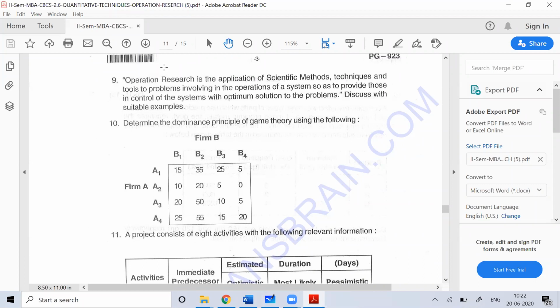Not today, probably, let it be. So Monday we'll start a new chapter. Monday we will do the sequencing problem. Fine. Anyone have any doubt?